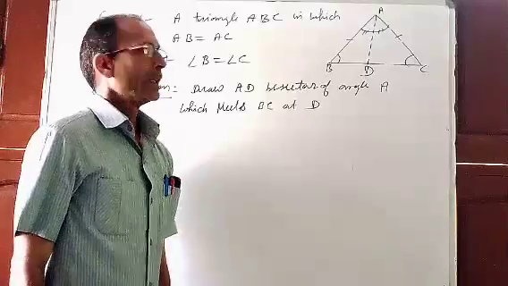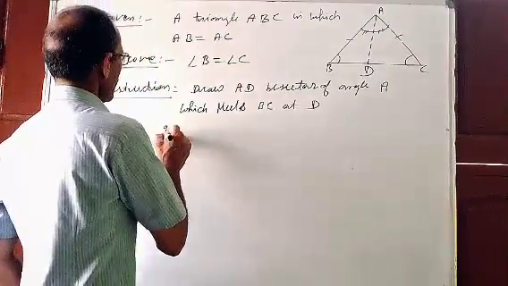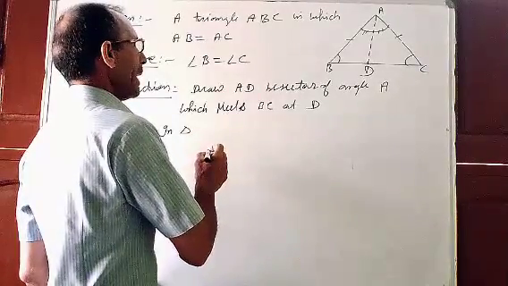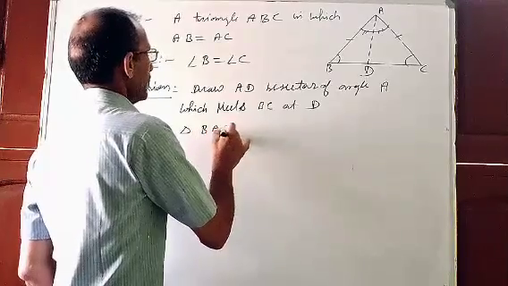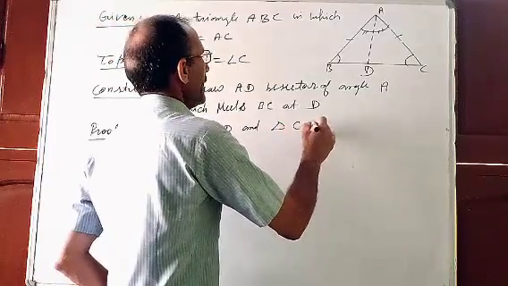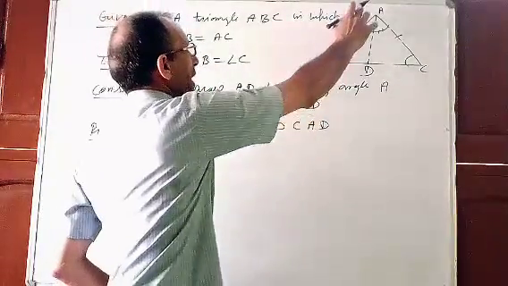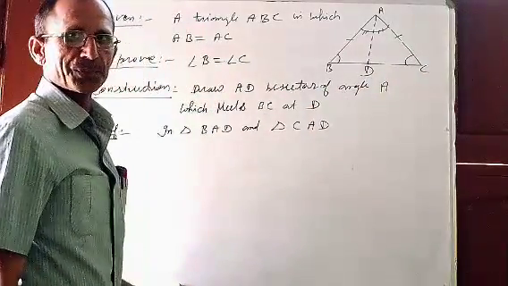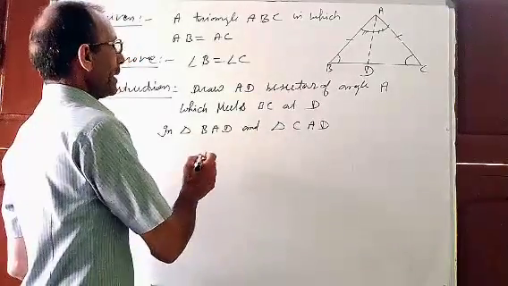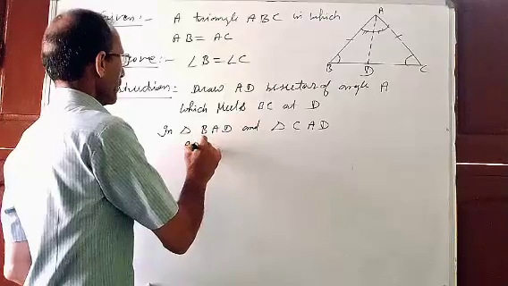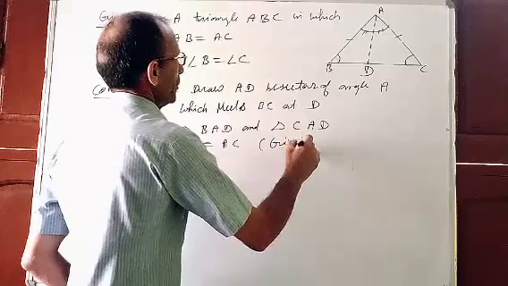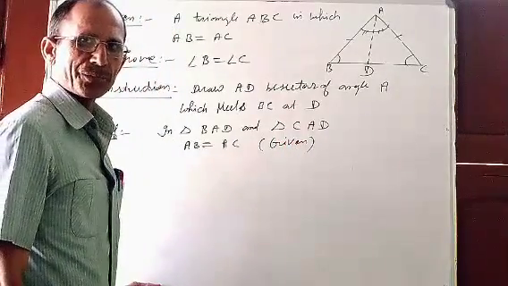Now proof. In triangle BAD and triangle CAD, I have taken triangle BAD and triangle CAD. AB is equal to AC, this is given.